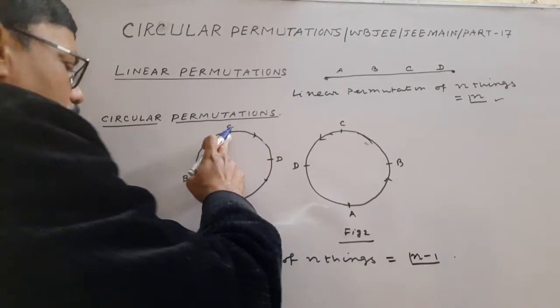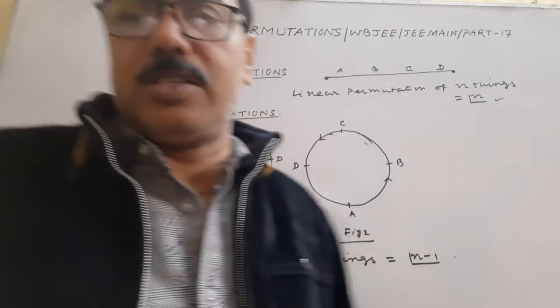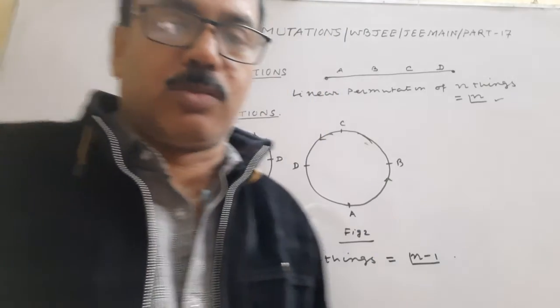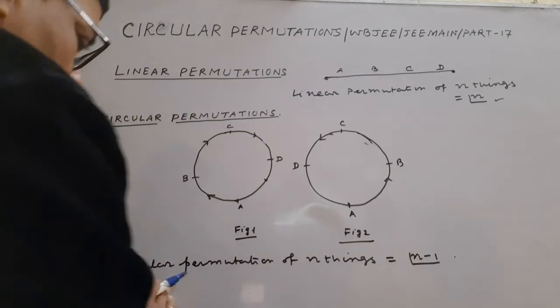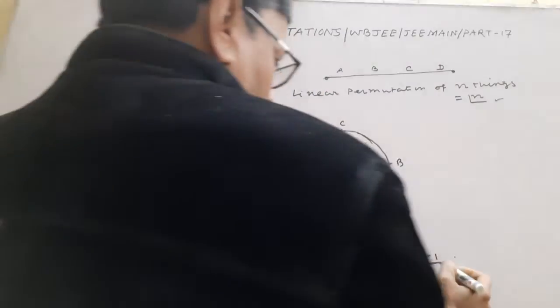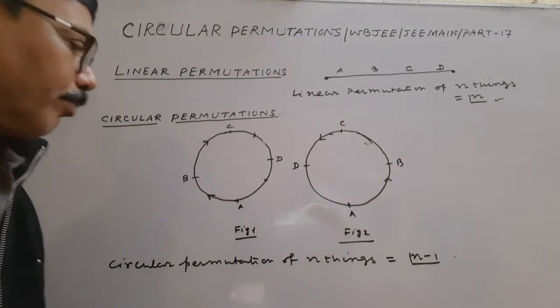Here we fix any point, then we arrange the remaining n minus 1. So the circular permutation of n things is factorial n minus 1.